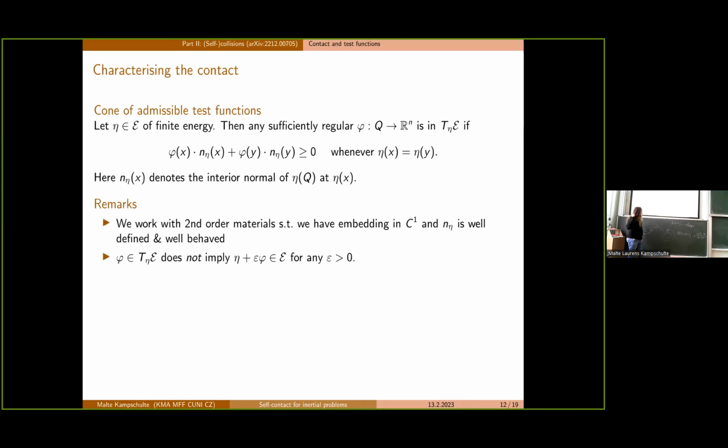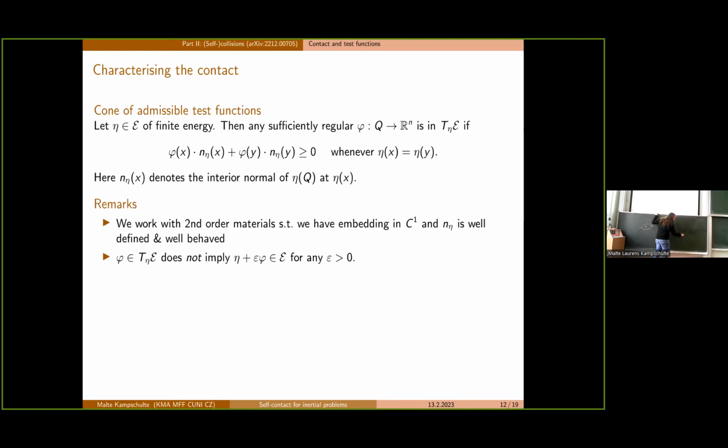And this condition already turns out trickier than one might think. So, for example, you would think, okay, some abstract admissible direction, some good test function, means I can go a little bit in that direction and still be fine. But it turns out here it's not the case. This example is for that.